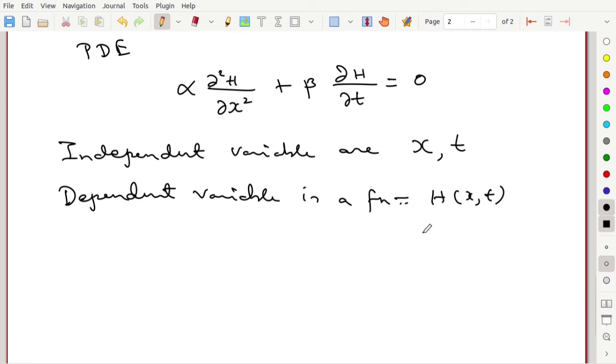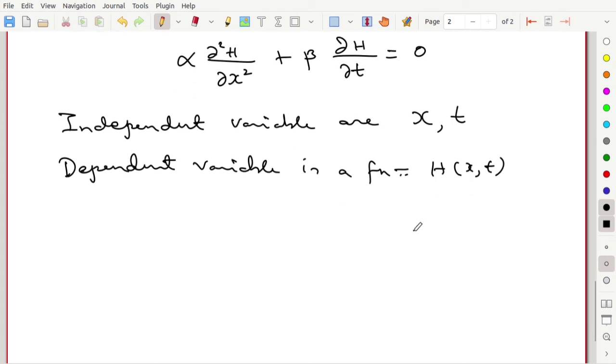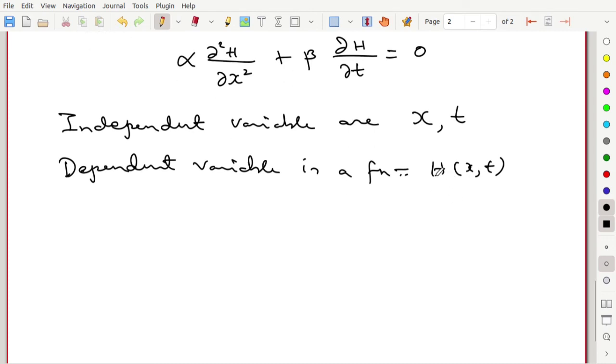Whenever in our differential equation we have two independent variables, the differential equation is called a partial differential equation. Our dependent variable is also a function of both independent variables. Here h represents the heat, so this is the 1D heat equation.